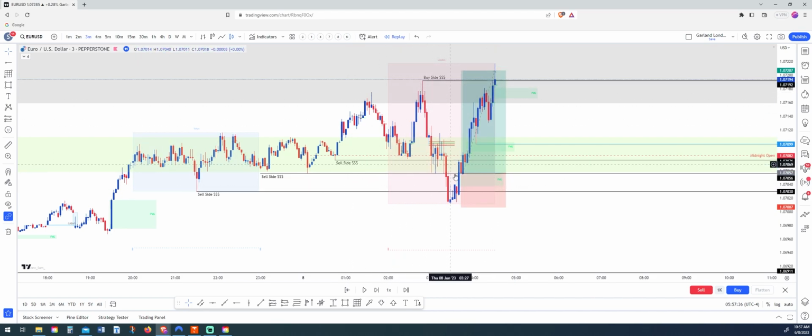So we're just literally playing ping pong, looking for these displacement failures and then trading in the opposite direction. And how we manage the trades, this is something that I just want to work on and just see if I can maybe implement this on a consistent basis, going from a 1 minute to a 2 minute to a 3, 4, even 5 minutes as the trade develops.